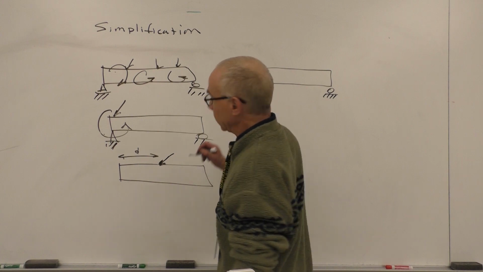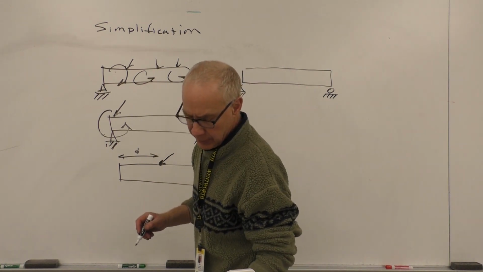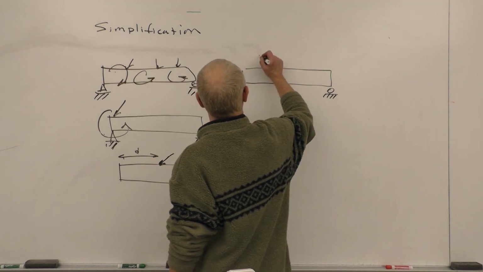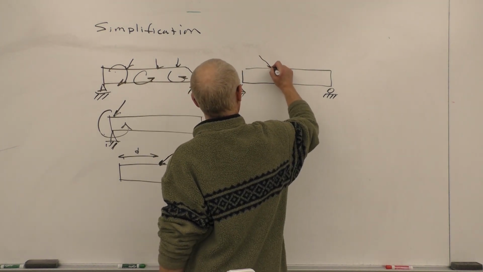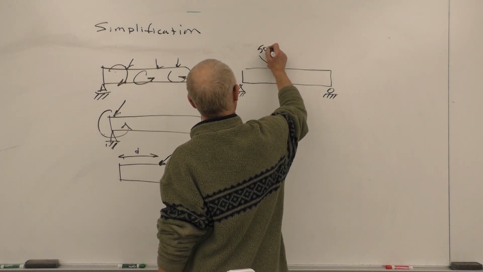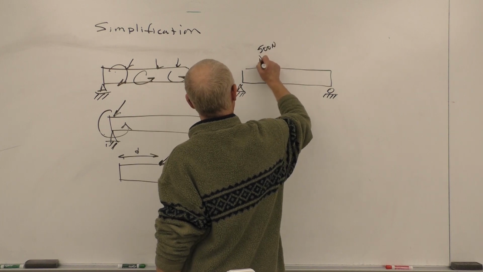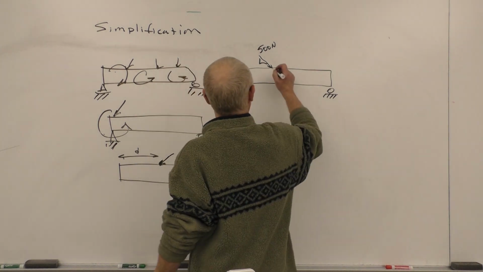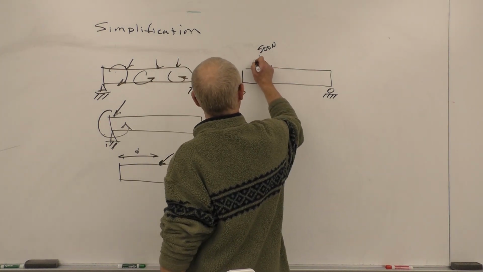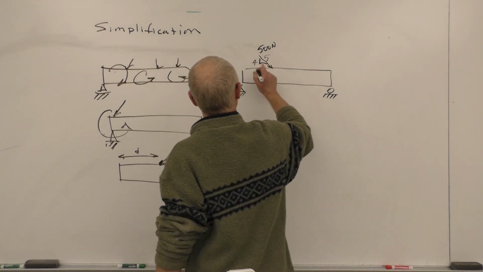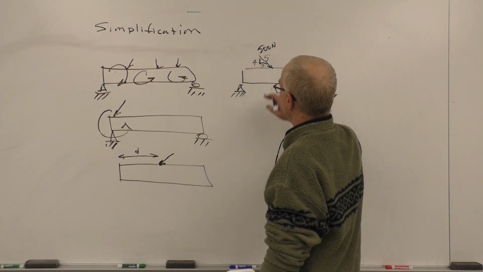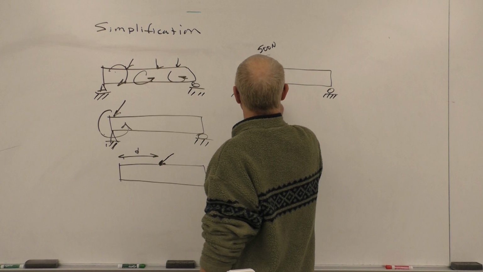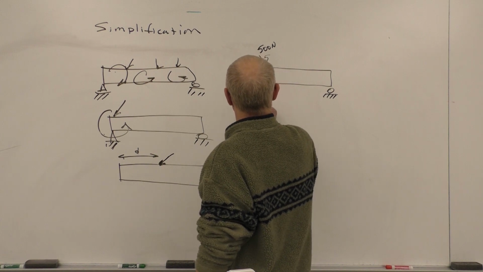And I'm going to have a 500 Newton vector hitting right here, and its slope is 3, 4, 5: 3 across, 4 up, 5 along the hypotenuse, and that is 2 meters from the end.